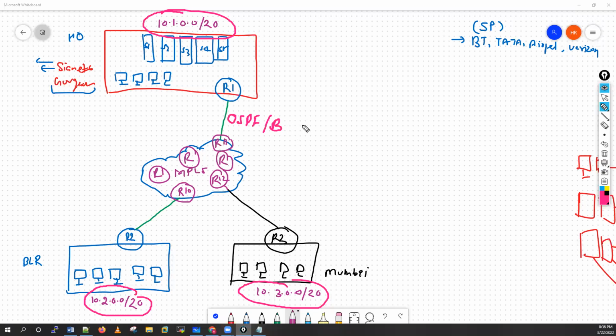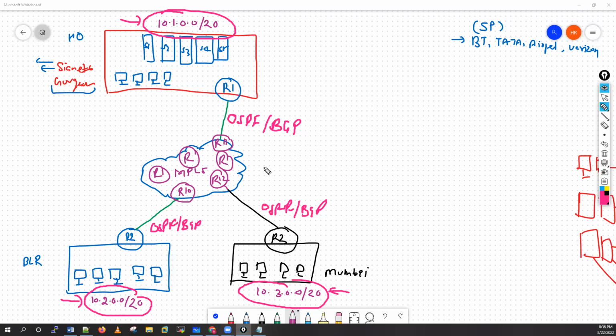By using these routing protocols, we can easily exchange routing information and these prefixes. We can update data center or head office prefixes towards the branch offices.